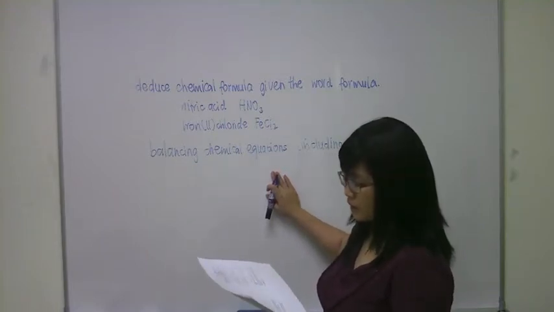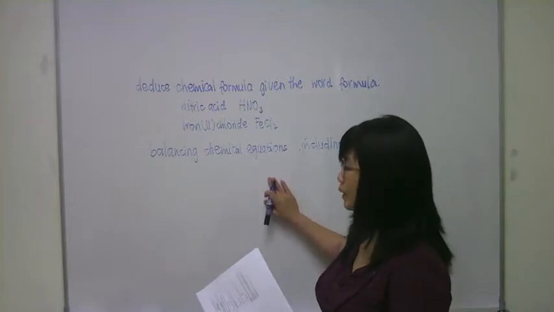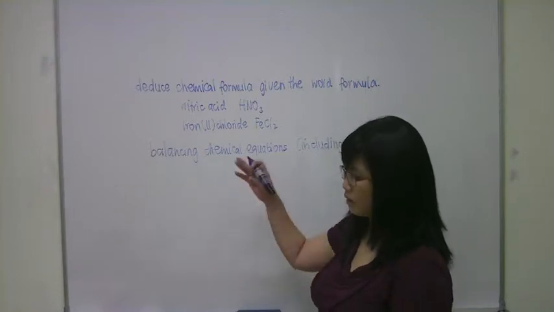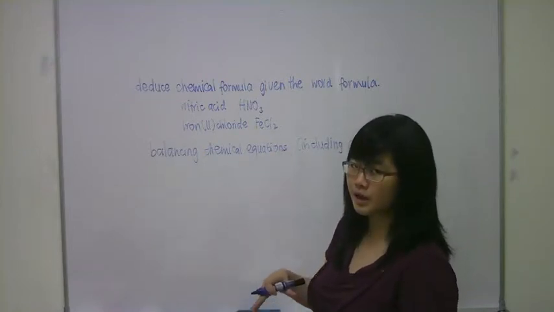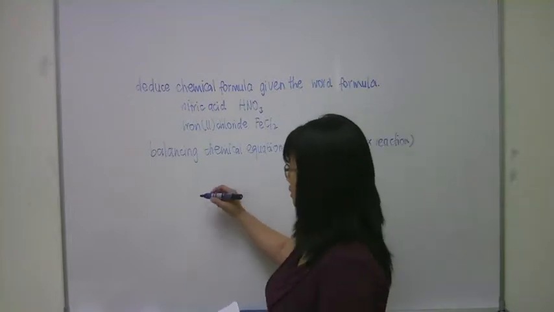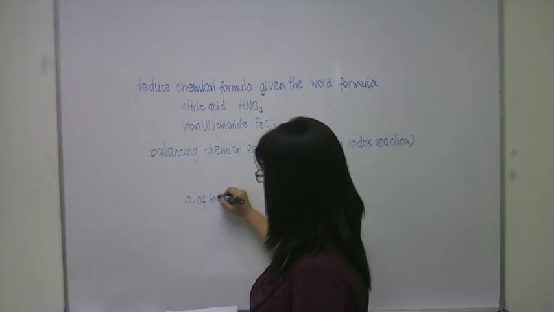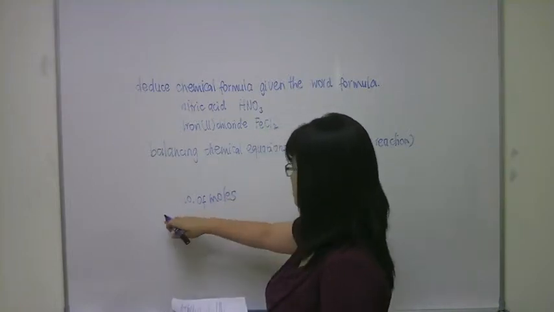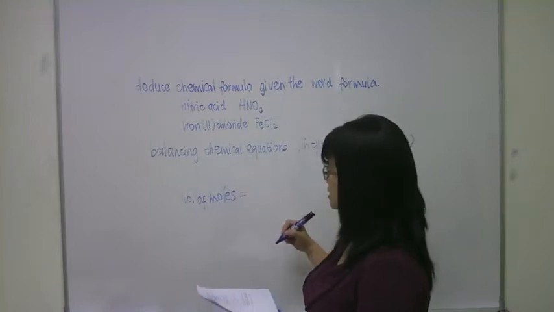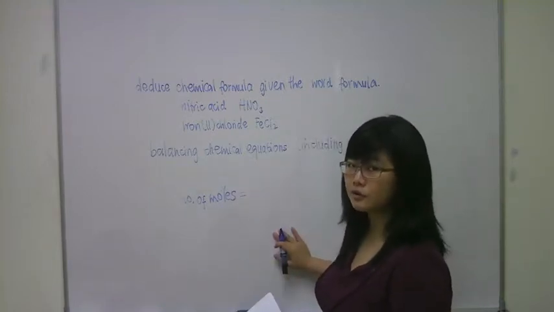Then after that, you need to run through the formulas with them. I usually teach my students that the whole thing in quantitative chemistry, everything revolves around number of moles. So I will take number of moles as my center, and there are many ways that you can calculate your number of moles depending on the data given to you.